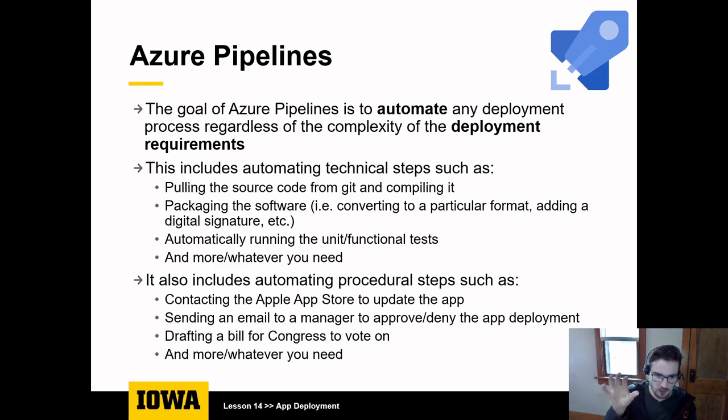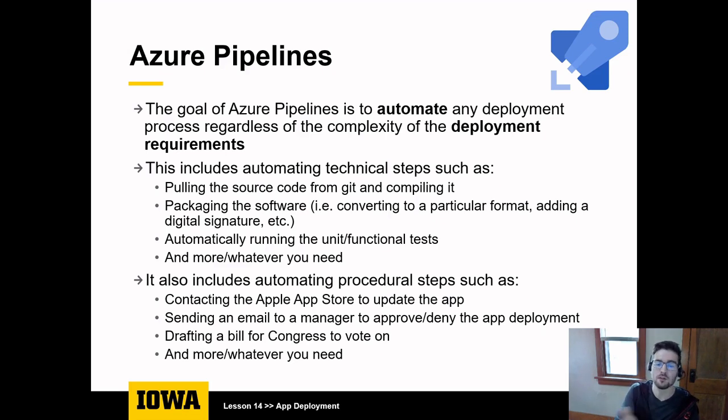So technical steps, but then also procedural steps. So if you're deploying an iPhone app, contacting the Apple App Store, right? That might be a procedure your pipeline needs to follow in order to automate the deployment process.